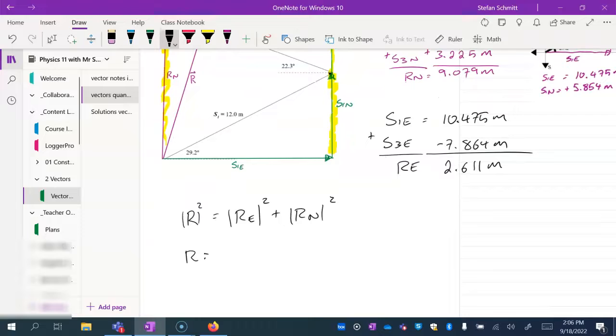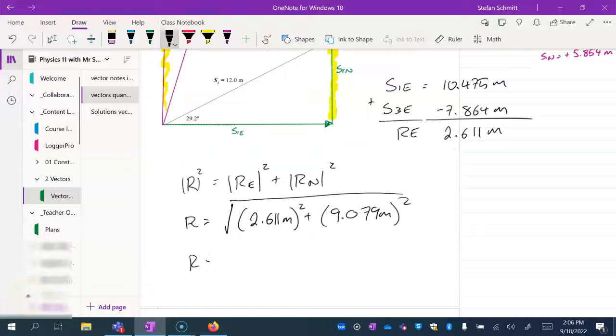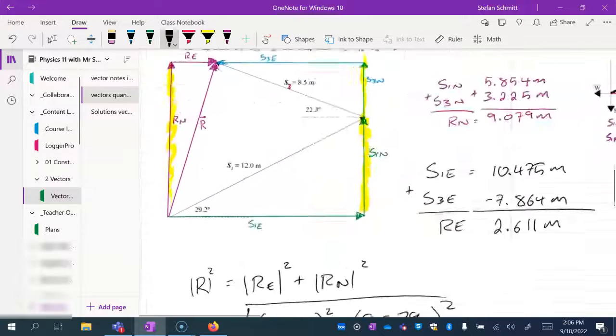We could say that R equals the square root of the east component squared plus the north component squared. Okay, and we get R equals 9.45 meters.